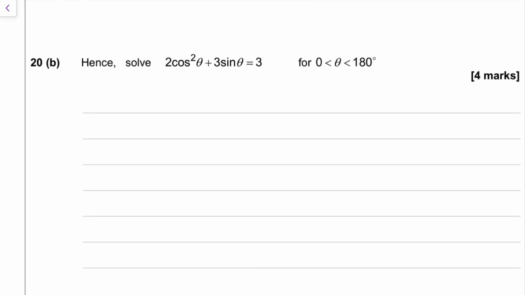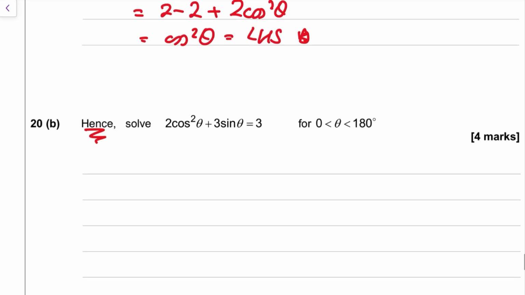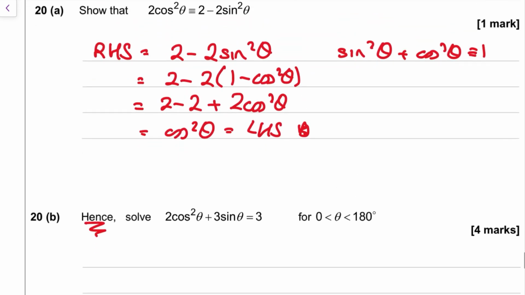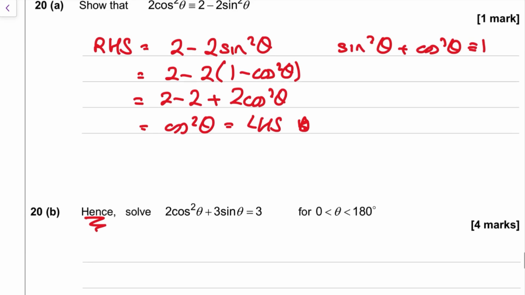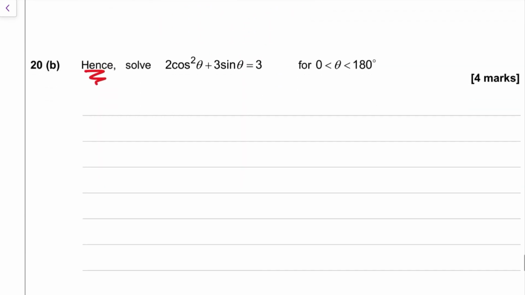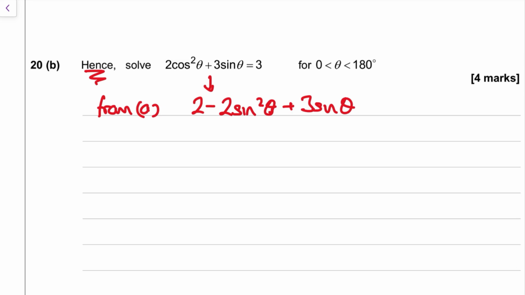Next question. Hence. Right, so I must use the previous result. So hence solve. Okay, so what was the previous result again? So right-hand side equals... okay, right, so I'm changing the 2 cos squared theta for 2 minus 2 sine squared theta. So from A, this is equal to 2 minus 2 sine squared theta plus 3 sine theta is equal to 3, which I'm going to rearrange.